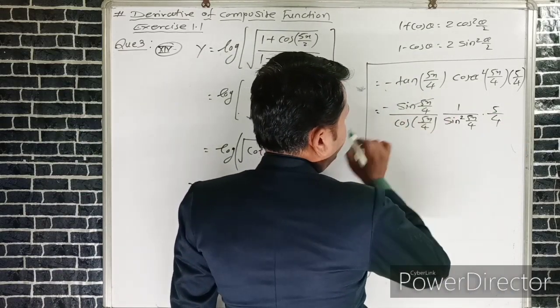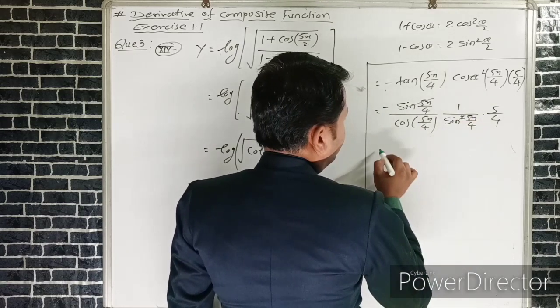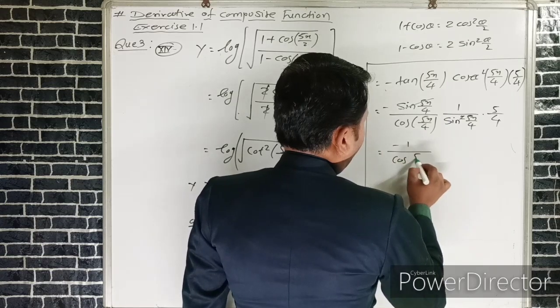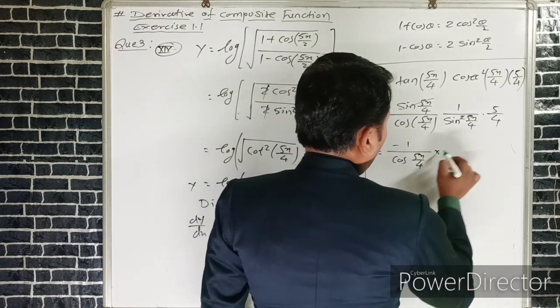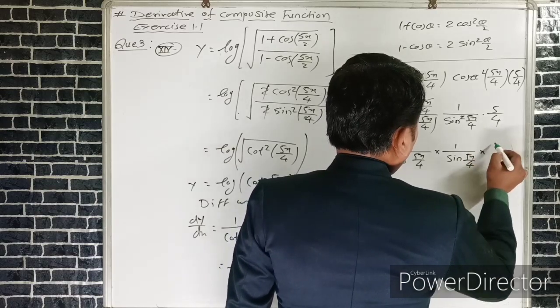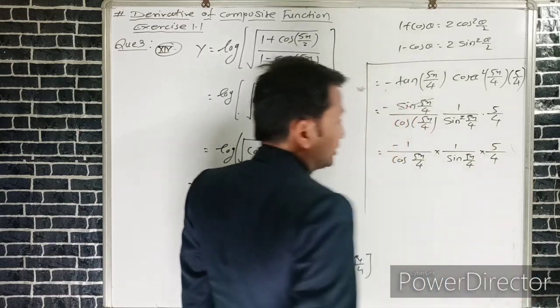If sin of 5x by 4 and its square is cancelled, then we can write minus 1 upon cos of 5x upon 4 into 1 upon sin of 5x upon 4 into 5 upon 4.